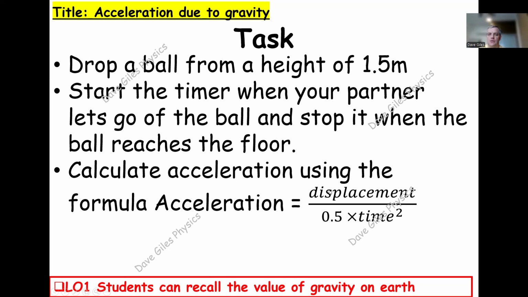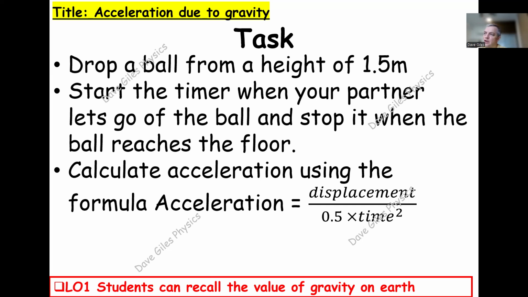Now, the only issue with this is there's quite a lot of error. Human reaction time is about a quarter of a second. So if you're looking at a quarter of a second when you start and a quarter of a second at the end, that's half a second. If it takes, say, 1 second to fall 1.5 meters, then you're looking at about 50% error, a huge amount of error.